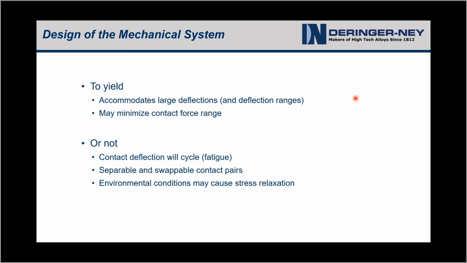If there are separable and swappable contact pairs, so if one assembly isn't going to be mated to the other side of the assembly for its entire life and may see another assembly that's at a different height, that might be dangerous. It may not operate the way you anticipate. All right, and those higher stresses when you yield a contact may also leave you more prone to issues with, say, stress relaxation.